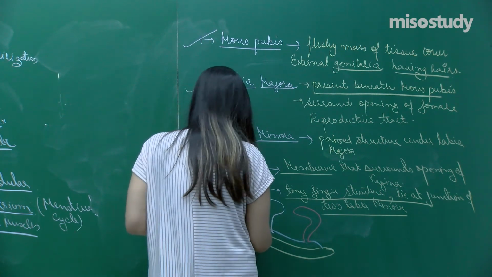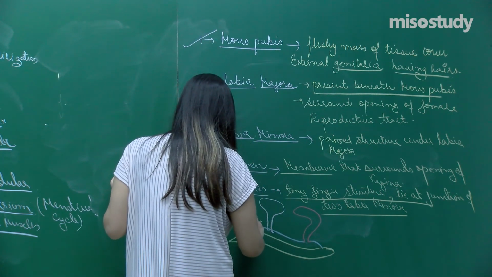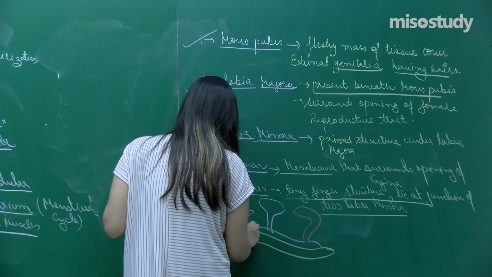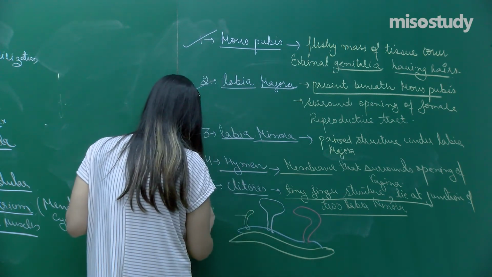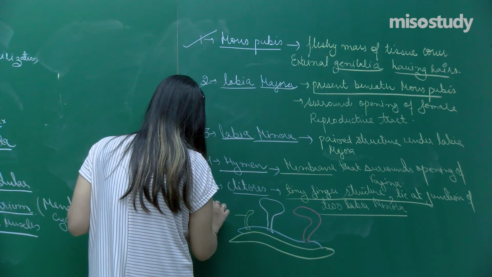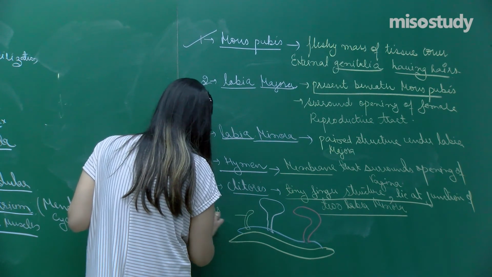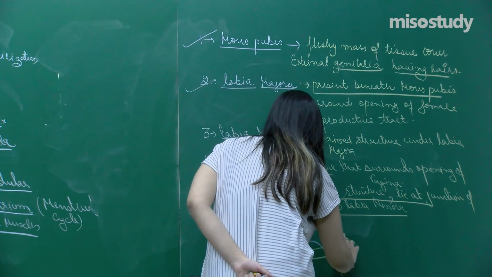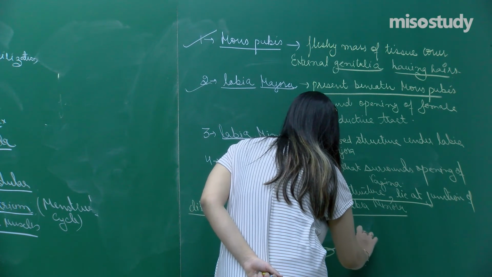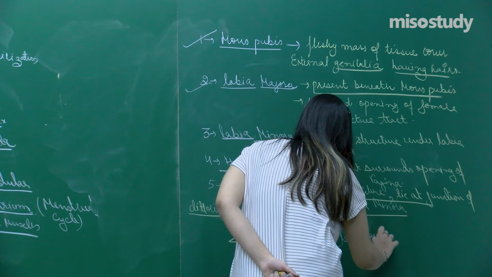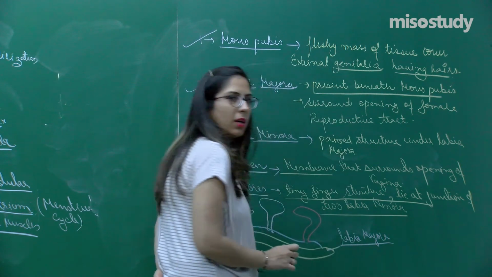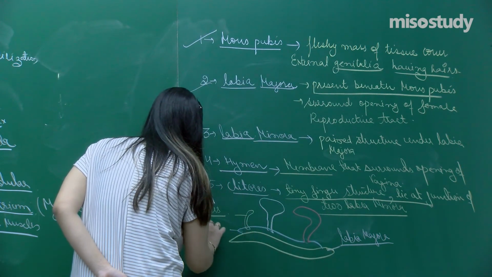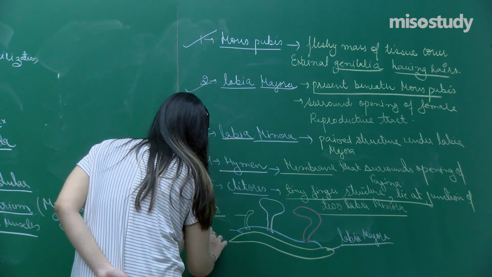And this which I am drawing right now is called the clitoris. Now here, which I have drawn in yellow color, is the labia majora. After that, we have a region called the labia minora.